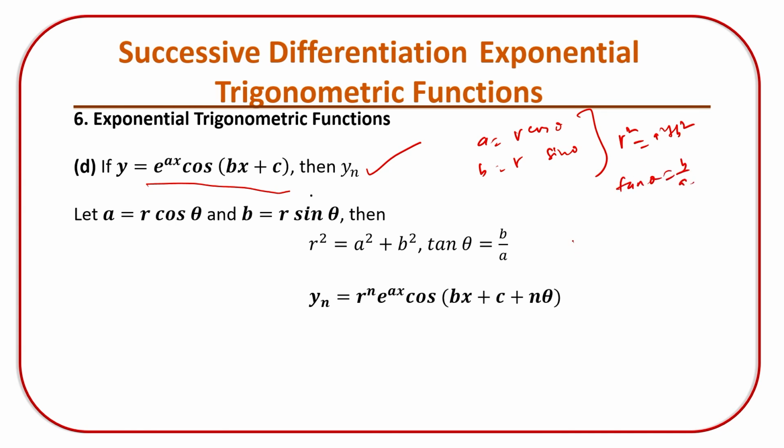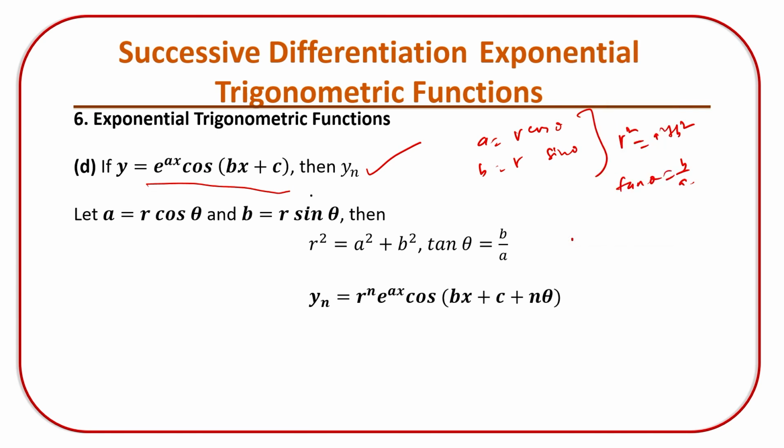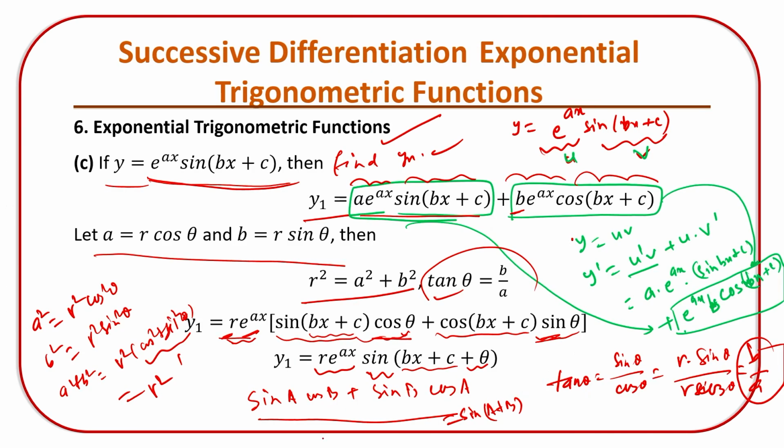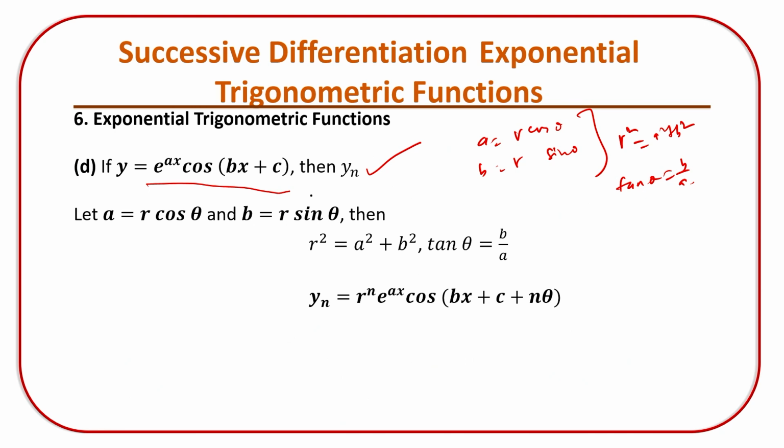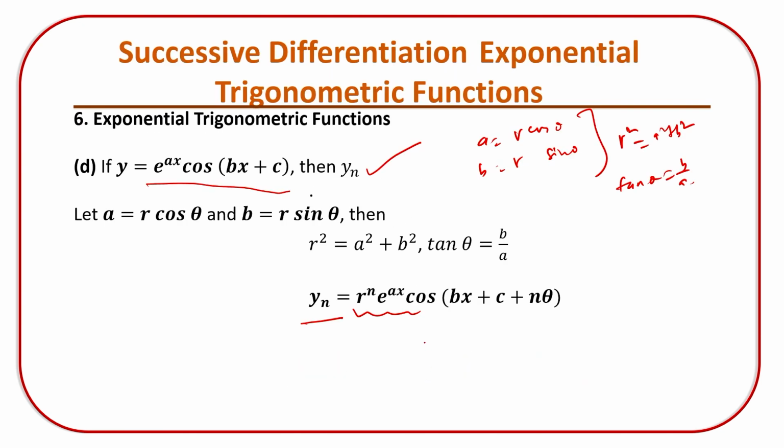So now y1 becomes one term, and using the same approach as we have done here, yn becomes r power n e power ax cos of bx plus c plus n theta. So that will be your answer.